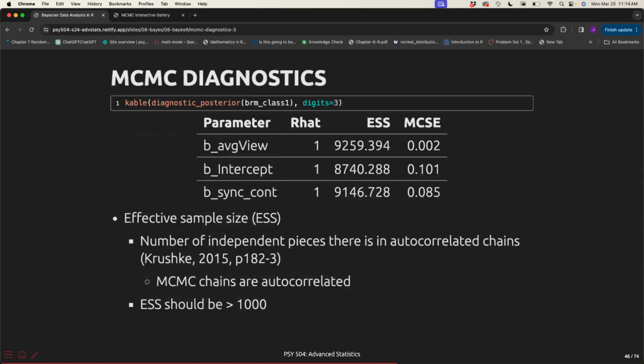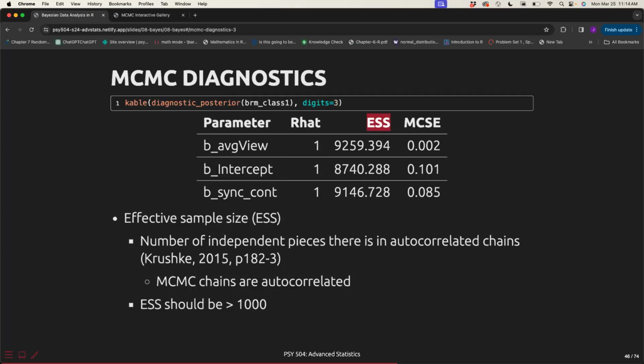Another diagnostic that we should look at to diagnose the efficiency of our MCMC sampling is ESS, which is the effective sample size. The effective sample size is the number of independent pieces in our Markov chain Monte Carlo simulations. MCMC samples are autocorrelated, right?